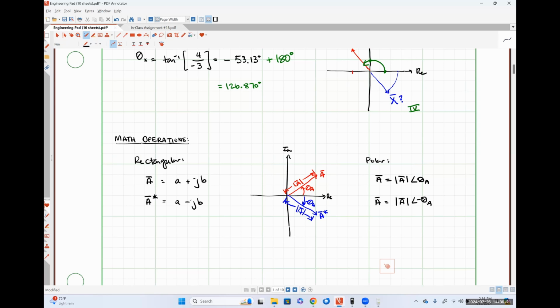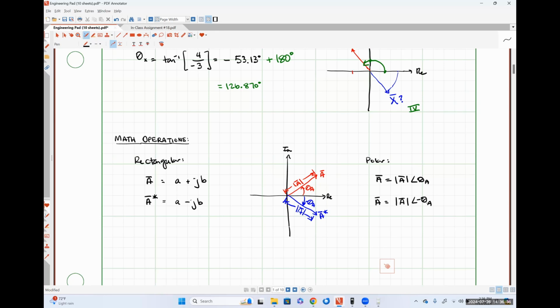Now, this isn't a particularly hard operation to figure out, but if for whatever reason you can't remember it, your calculators can do the complex conjugate operation for you.